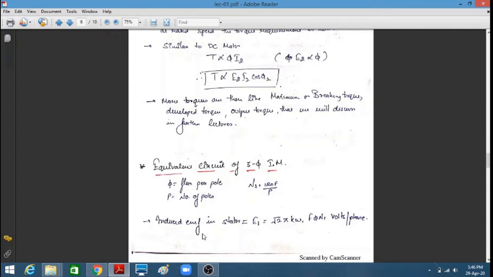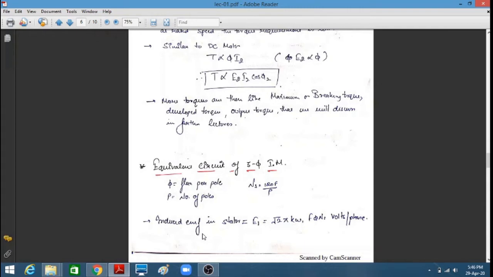The transformer has two windings, primary and secondary. So does the induction motor. The primary is treated as the stator winding, which is stationary. The main difference is that the secondary winding of a transformer is stationary, but our secondary winding, that is the rotor side, is moving. Because of this moving nature, a factor comes, that is slip.